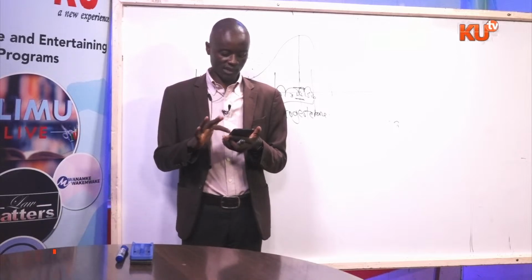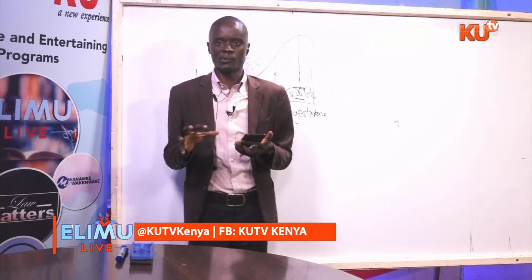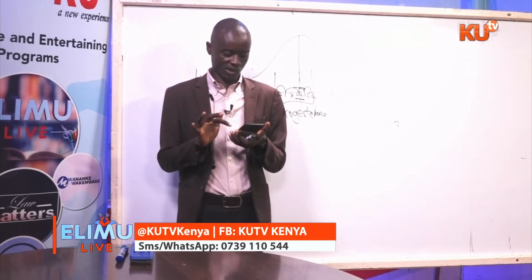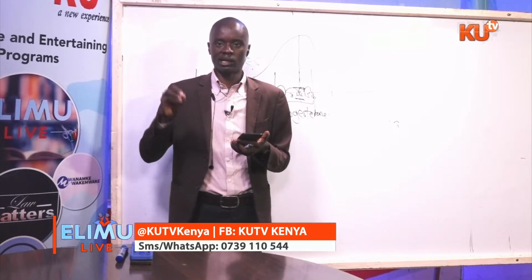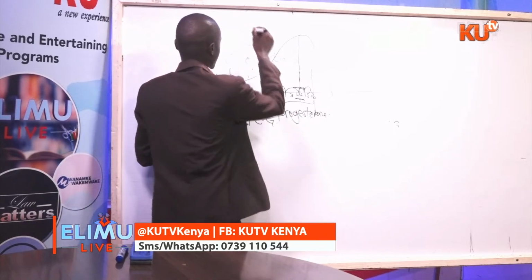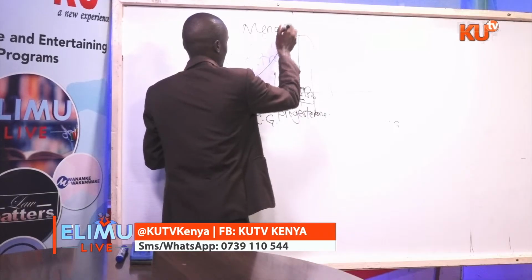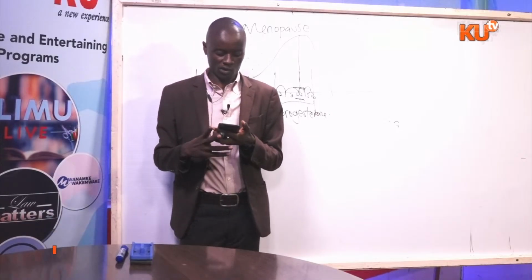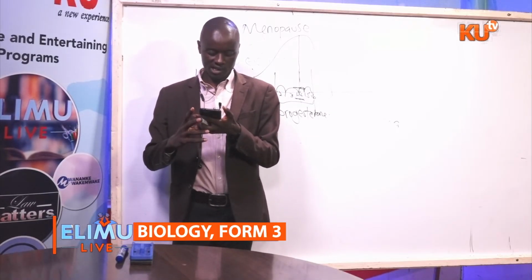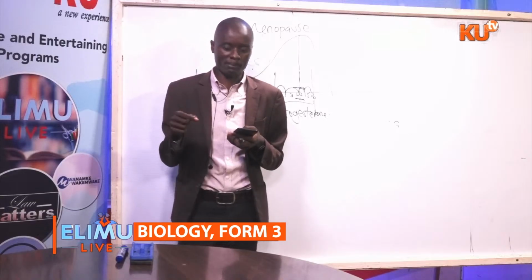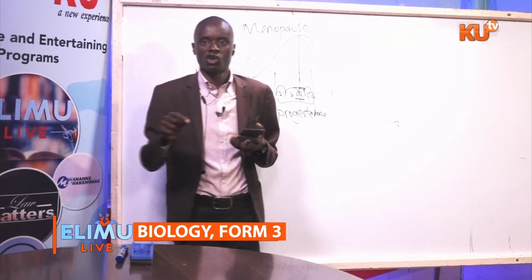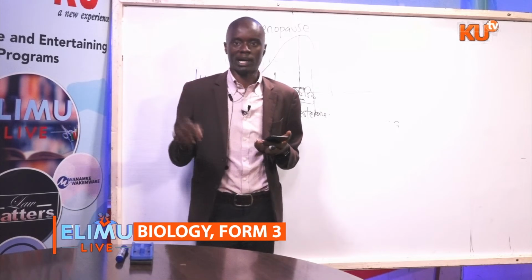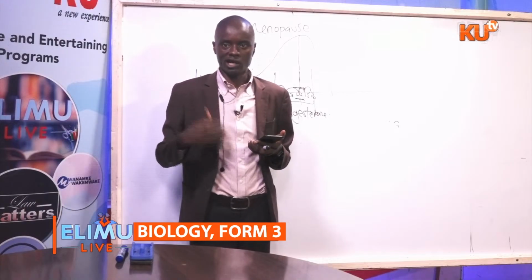Now, there's something else that is also related to the menstrual cycle, and this is what we call menopause. Menopause is the permanent end of fertility.